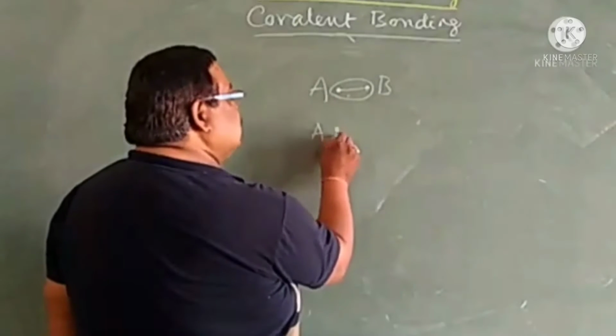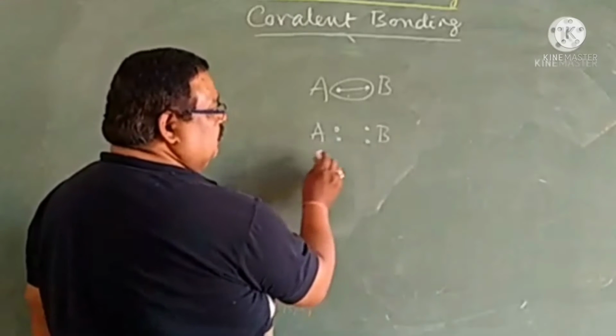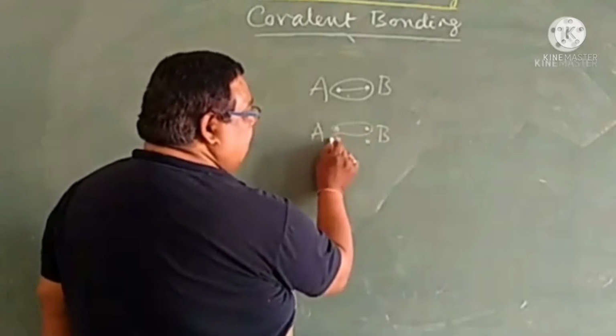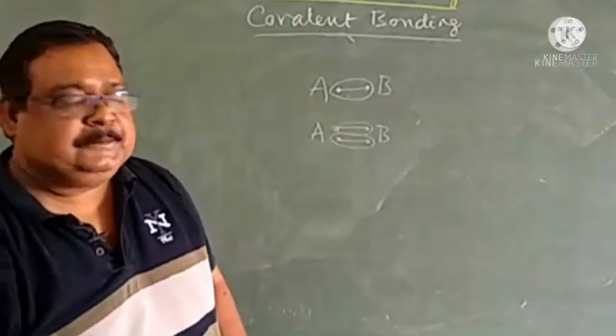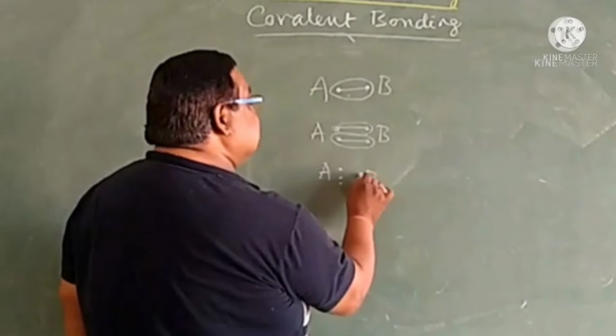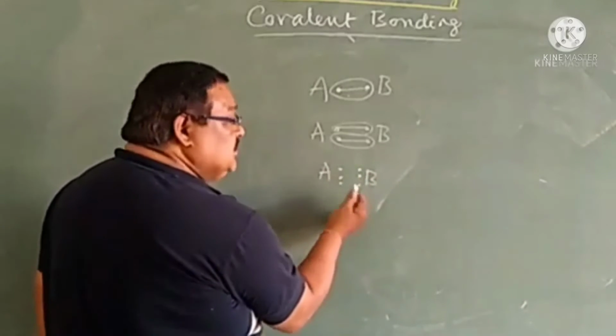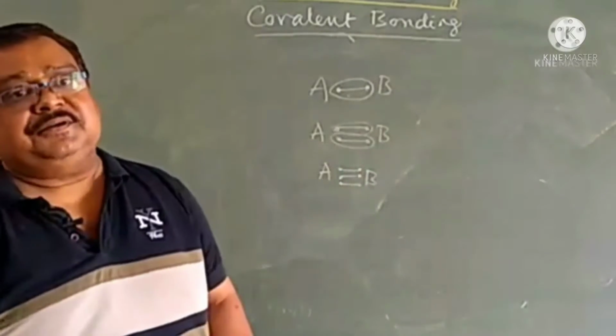If atom A shares two of its valence electrons, and atom B also shares two of its valence electrons, then a double bond is formed between A and B. Similarly, if atom A shares three of its valence electrons, and atom B also shares three, then the bond formed is a triple bond.